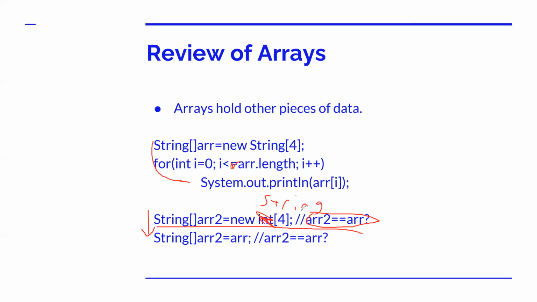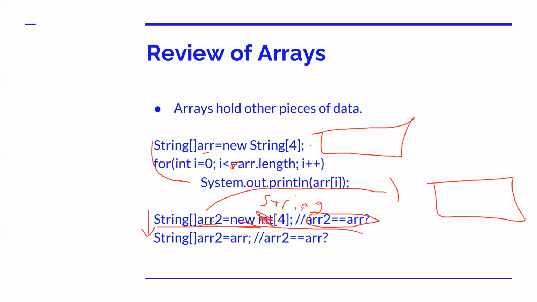Array2 and array point to different memory locations because I used the new keyword, which indicates that this is new memory. Even though they have the same values, both have 4 nulls, array is one place in memory, and because I used the new keyword, array2 points to a different place in memory. It just allocates new space. It doesn't reuse the same one. But how about this line?